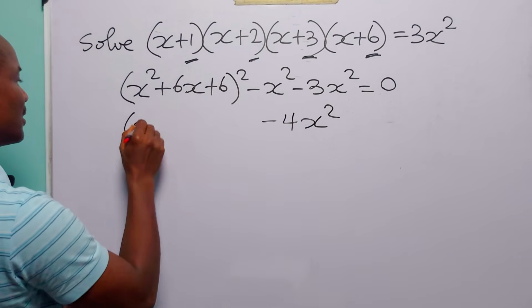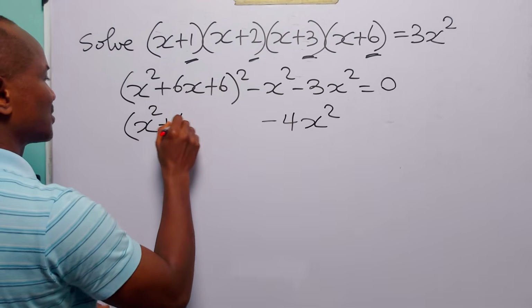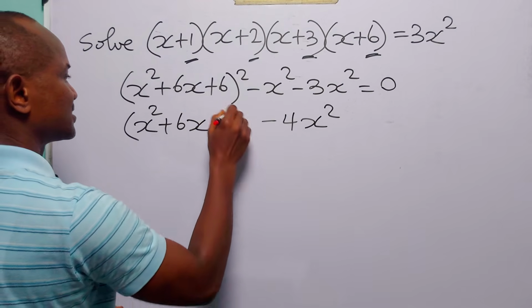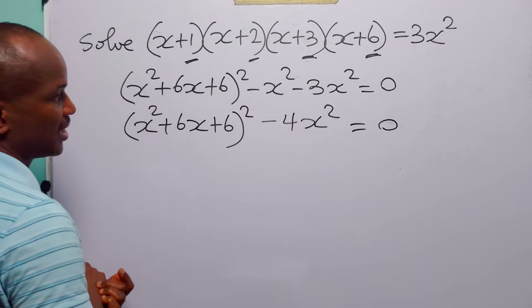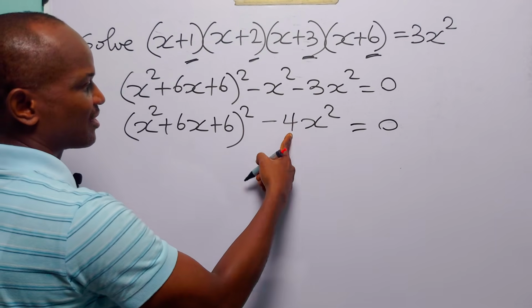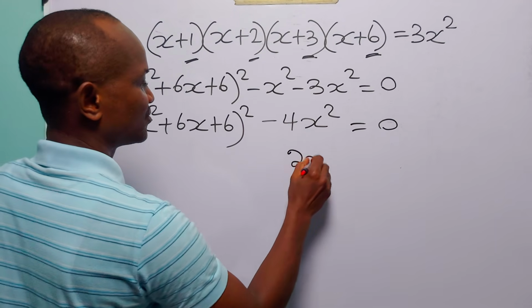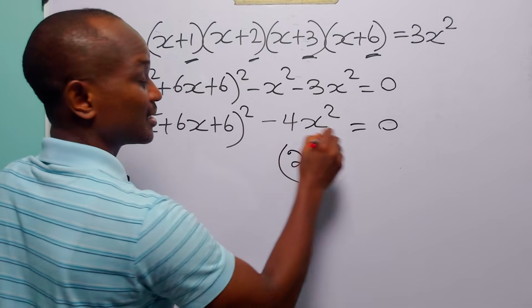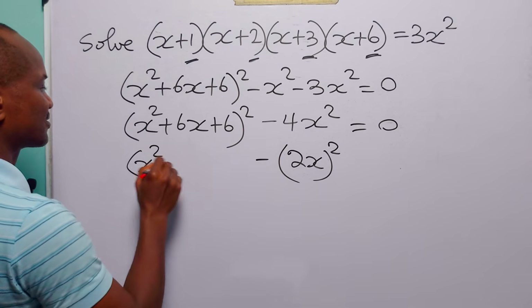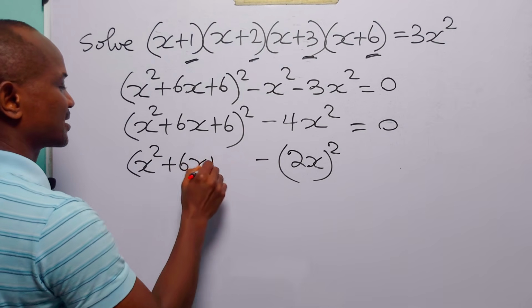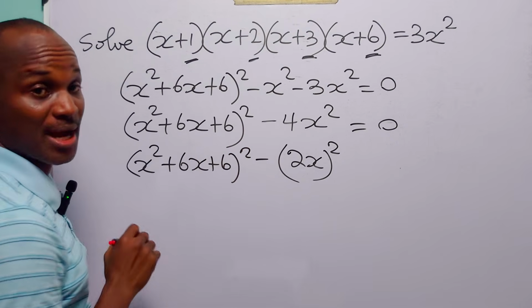We have x squared plus 6x plus 6 squared, and this is equal to 0. But of course, you know that we can write 4x squared as 2x squared. We still have x squared plus 6x plus 6 squared.